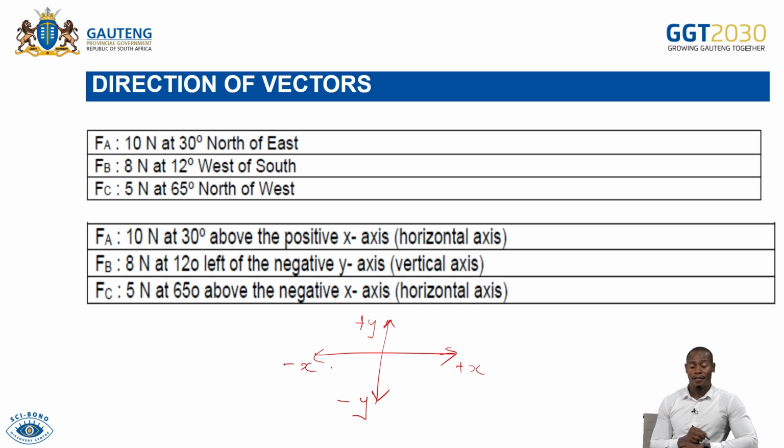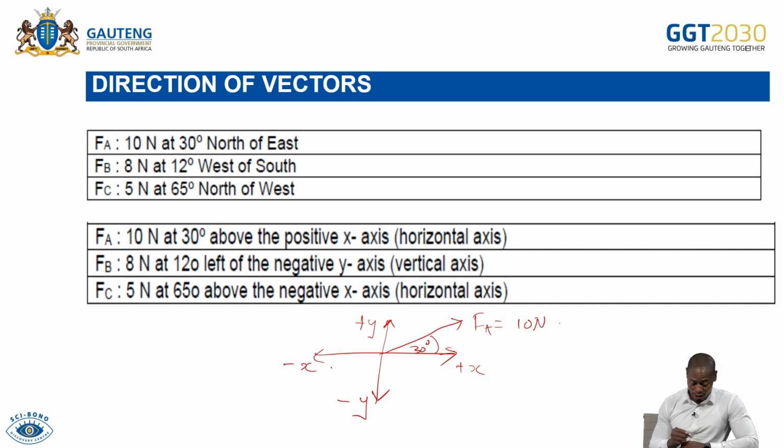Then you have this force, Fa, with a magnitude of 10 newtons, and here you are given 30 degrees. So using the Cartesian plane, you can give the direction.